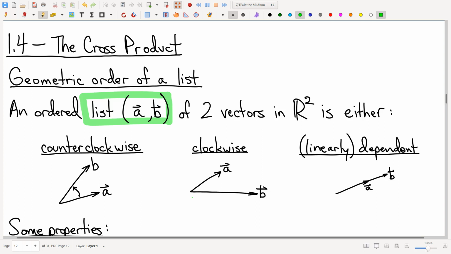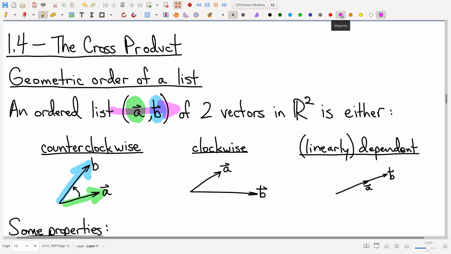Okay. All right. So what do I mean by clockwise and counterclockwise? Well, if you have a list, A first, B second, I'm going to represent that by this arrow indicating which order we go through there. Well, the first vector, A, perhaps like that. The second vector, B, let's suppose B is like that.